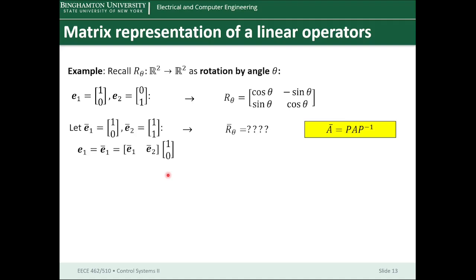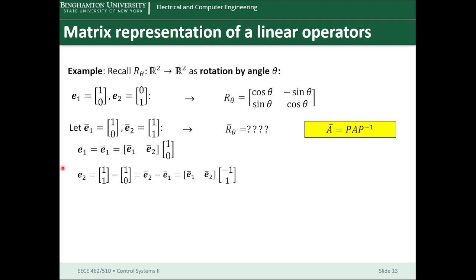First, e1 is equal to e bar 1, so its coordinates in the new basis are (1, 0). Second, e2 is equal to (0, 1), but notice that (0, 1) can be written as e bar 2 minus e bar 1. So its coordinates in the new basis are (-1, 1).